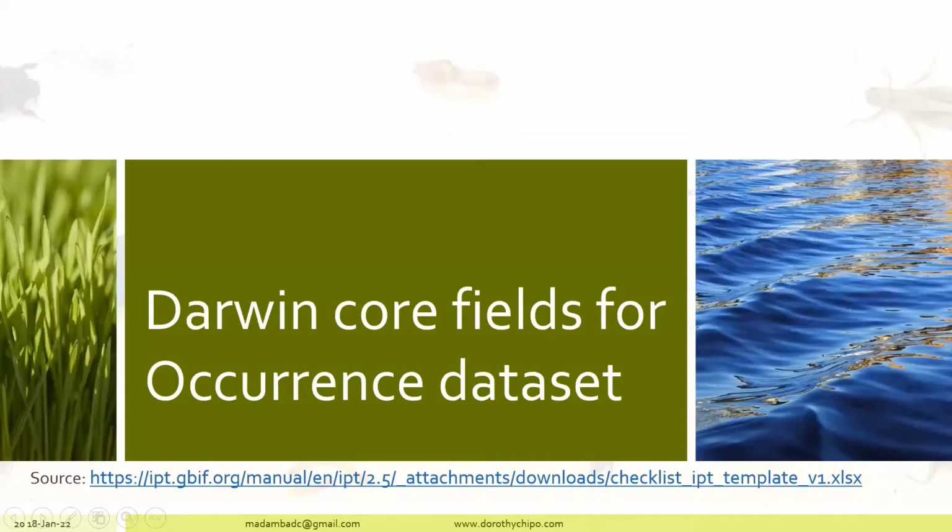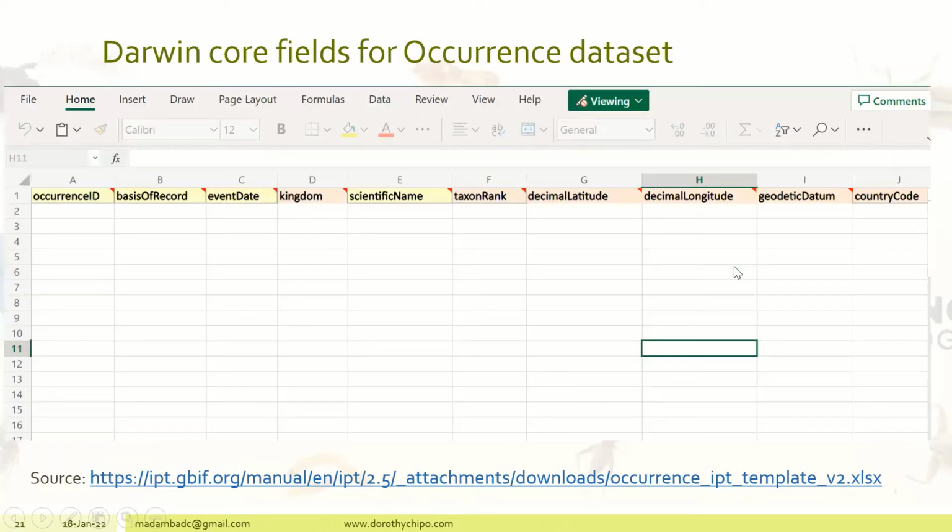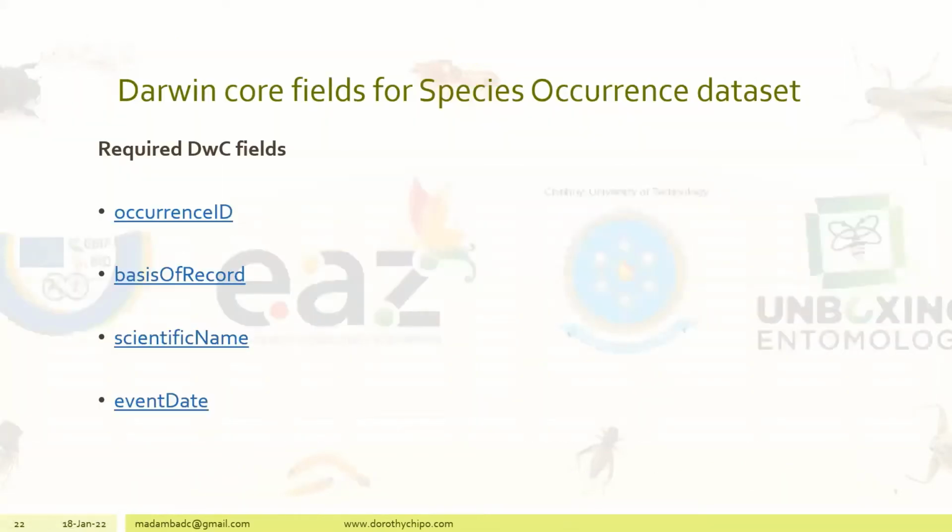So we'll move over to Darwin Core fields for occurrence data set, and they are as follows. You have, again, the yellow fields being the required, and then the pink fields being the recommended. And I'll go through these required fields.